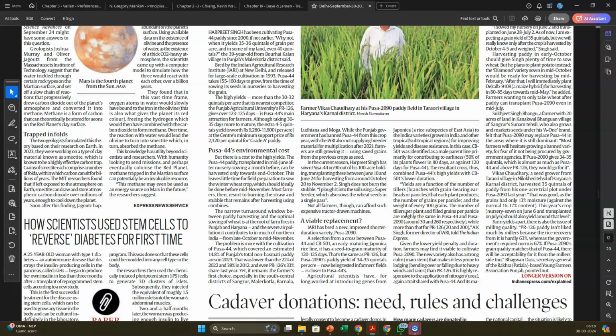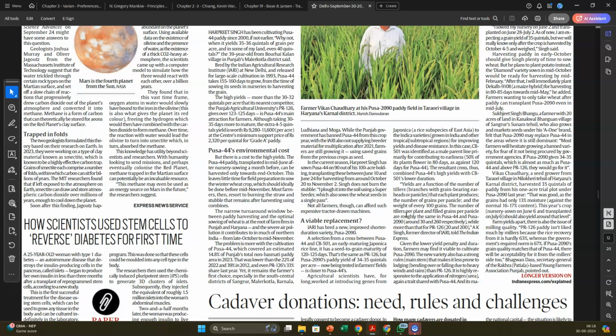It gives the same yield as Pusa 44, but at the same time requires around 30 fewer days, which gives the farmer more time to harvest his crop, not burn the crop residue, and instead weed it out and then sow his Rabi crop.